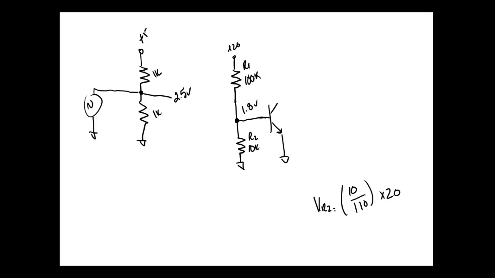What's going to happen? And all we're going to do is measure this with a voltmeter. We're not going to look at it with a scope. We're going to measure it with a voltmeter.